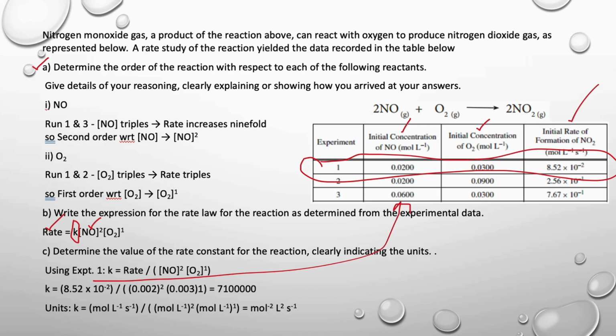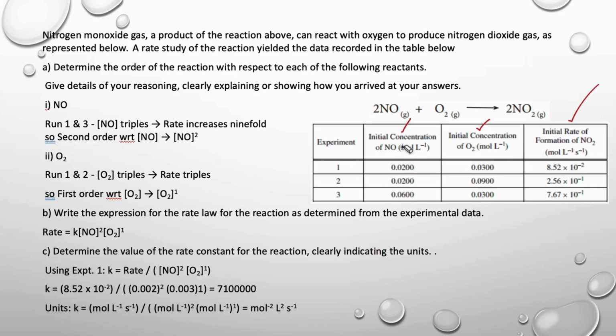Part C is asking you to figure out the units. Like other problems that we've come across, there are no fixed units for the rate order. It depends on the units that have been given to you in the table or the graph. So the easiest way to figure this out is to simply replace the units in your equation.